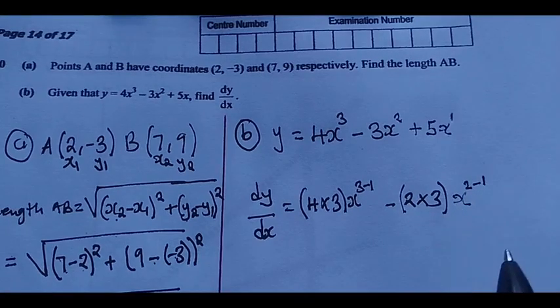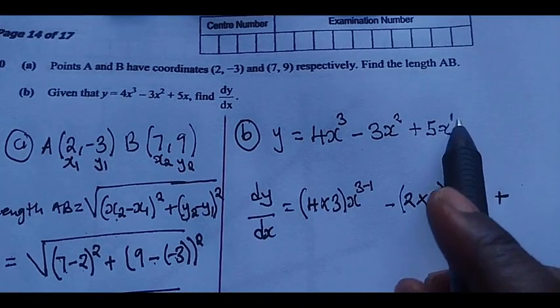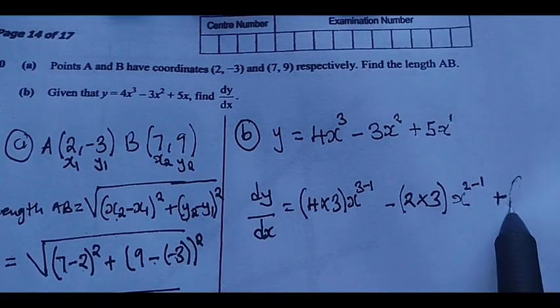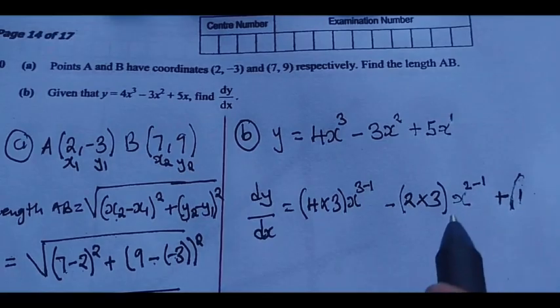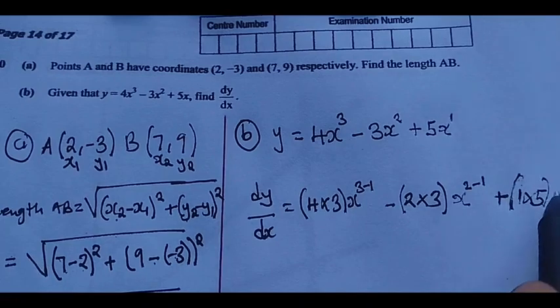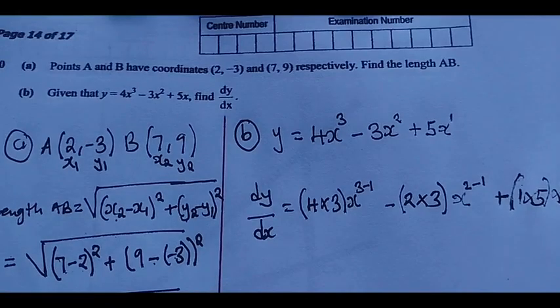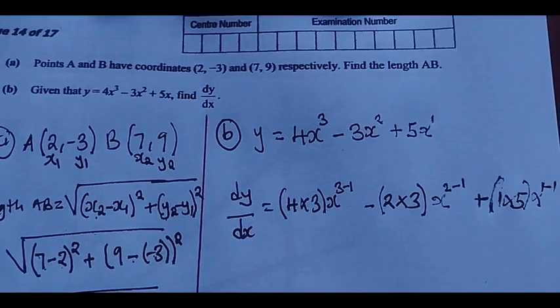So what are we going to do here? We're just going to say plus. So this power of 1 will be multiplied by 5, so it will be 1 times 5. Then this x will be to the power 1 minus 1, like that. I hope you are able to see clearly what I've done here.